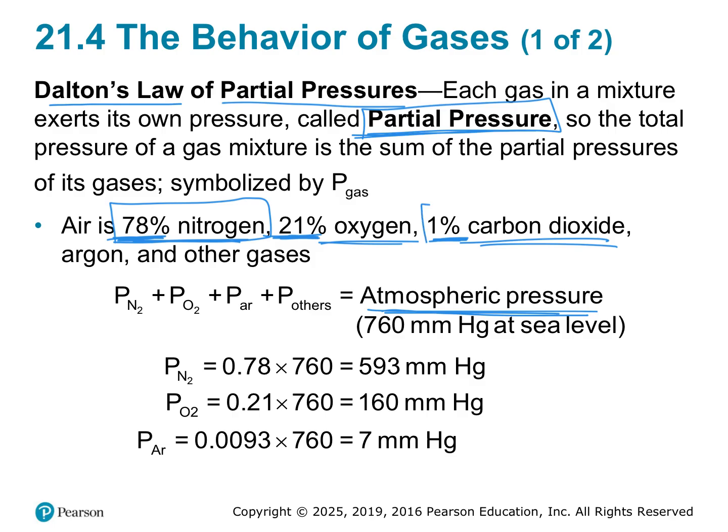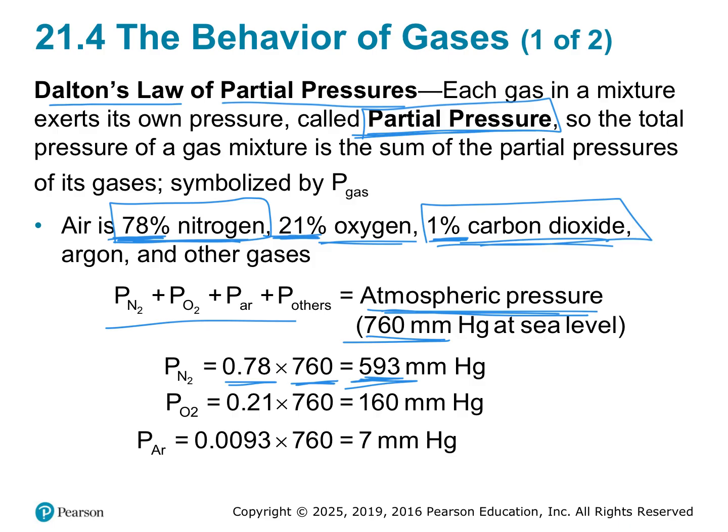And then the lowest one would be the carbon dioxide, because that's the lowest of the percent gases in the air. So what we need to do to figure out our partial pressures is to figure out the percent of the total that each gas exerts. So nitrogen is 78%, so if we take 0.78 times 760, that gives us the amount of the 760 millimeters of mercury that is due to nitrogen.